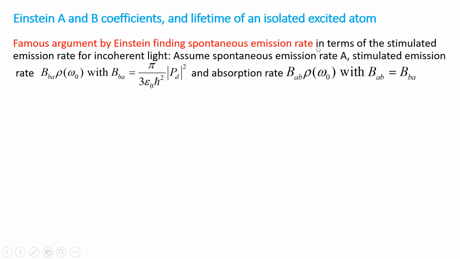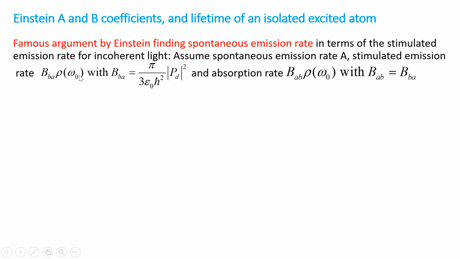Okay, so that's what we were just looking at, the stimulated emission rate for incoherent light, where we had all the different directions and polarizations. So for his analysis, Einstein assumed a spontaneous emission rate A, and a stimulated emission rate from B to A for the transition from higher to lower.